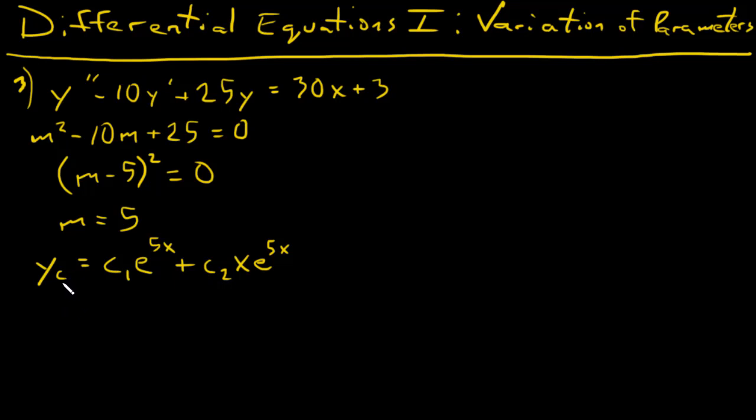And now we need to worry about the y sub p. And how do we do that? Well, we make a guess. I can come over here and say, I think my y sub p is of the form, based on the non-homogeneous part, ax plus b. That would mean y sub p prime is a, and then y sub p double prime is 0.